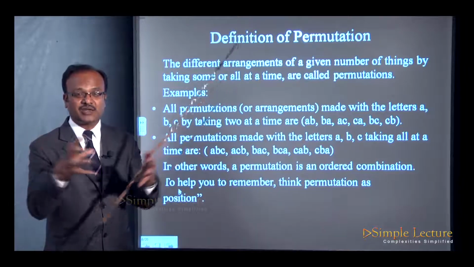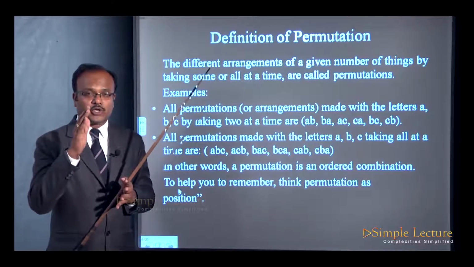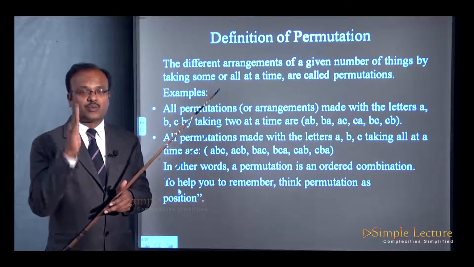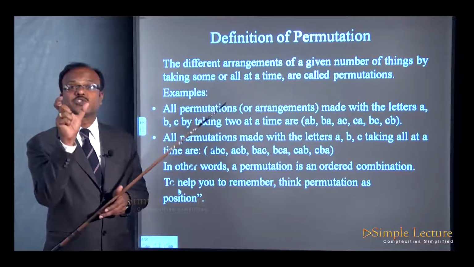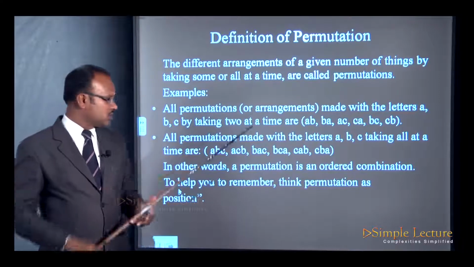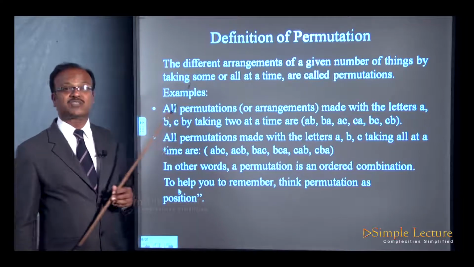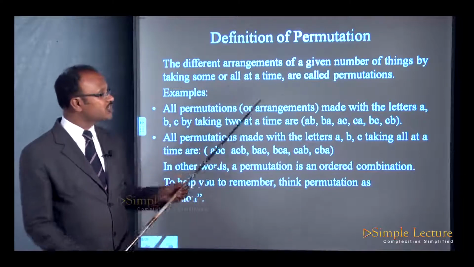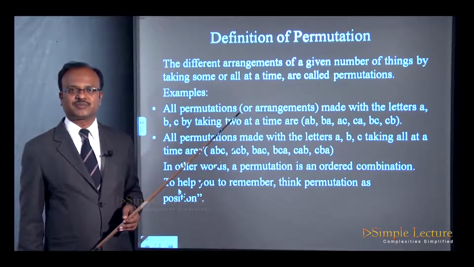You are combining the words, letters or the objects. So, to keep in your mind, if we say permutation, what you should remember? Position. So, to help you to remember, think permutation as position. So, how you position the letters so that you get different arrangements.